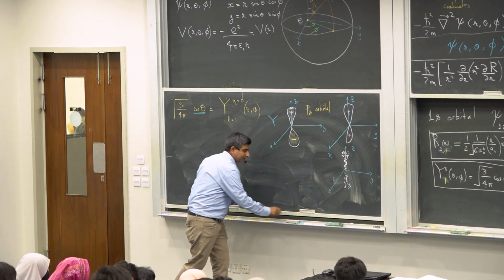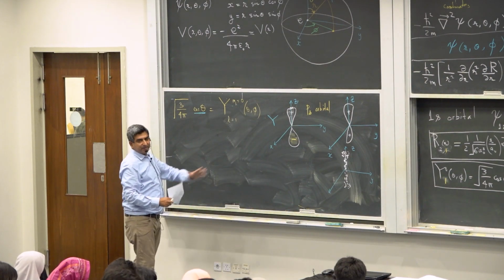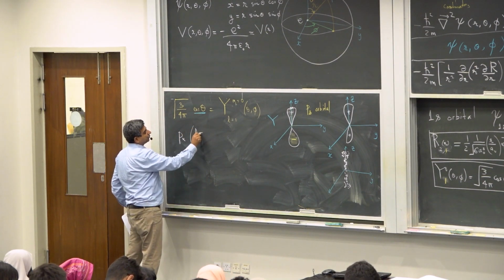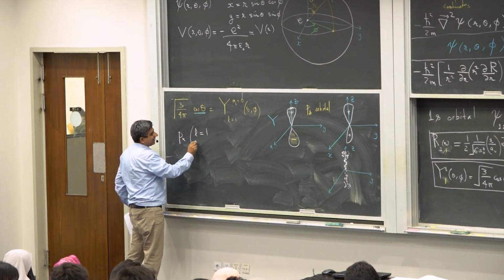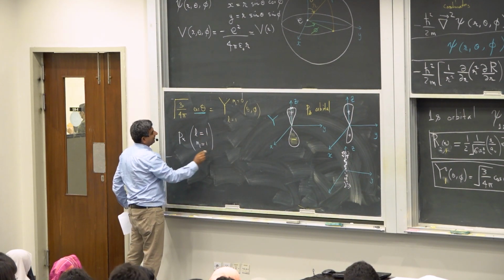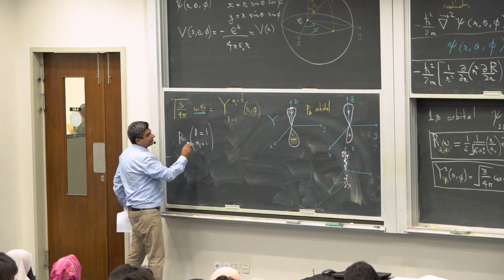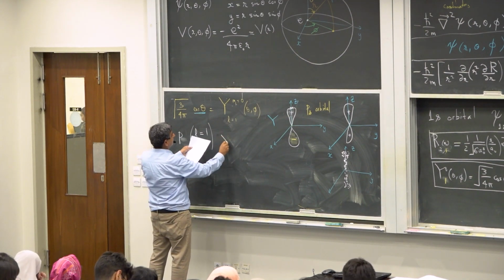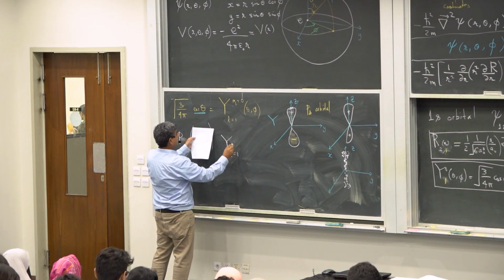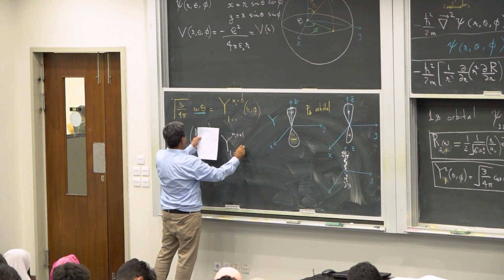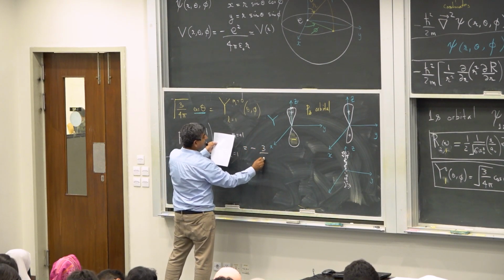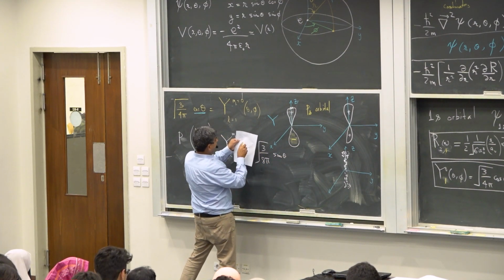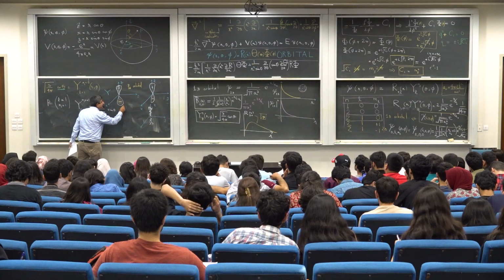Now px orbital. So I'm just going to finish. This is a pz orbital. If I were to consider a px orbital, which is L equals 1, ml equals 1, this is really not a px orbital. If I look at the spherical harmonic associated with this, the spherical harmonic L equals 1, ml equals plus 1 is minus square root of 3 over 8 pi sine theta e raised to the power plus i phi.